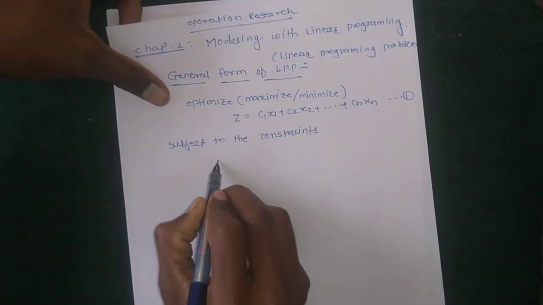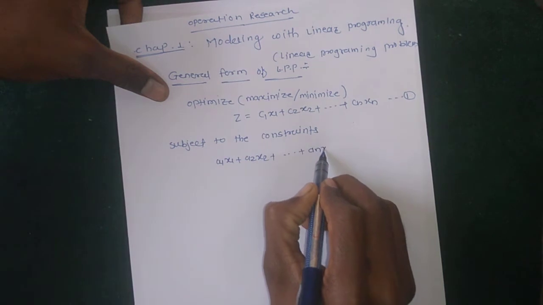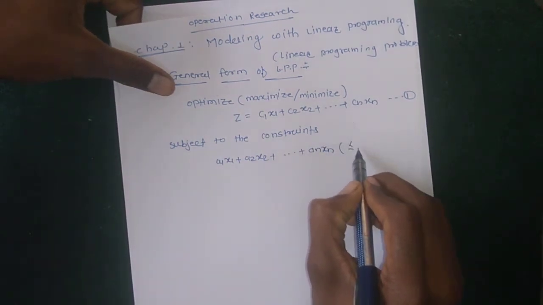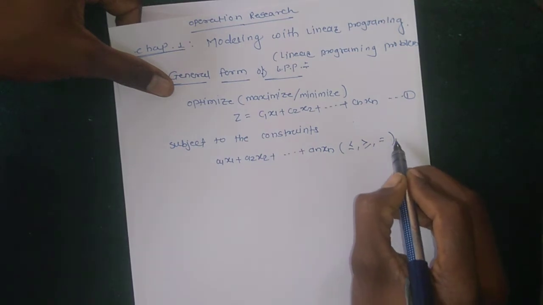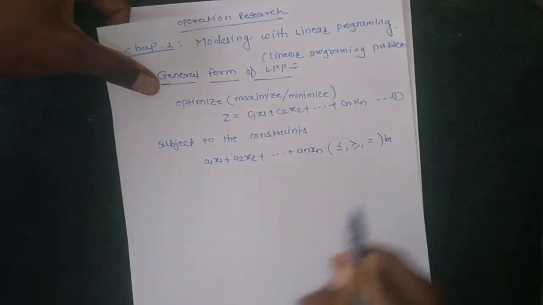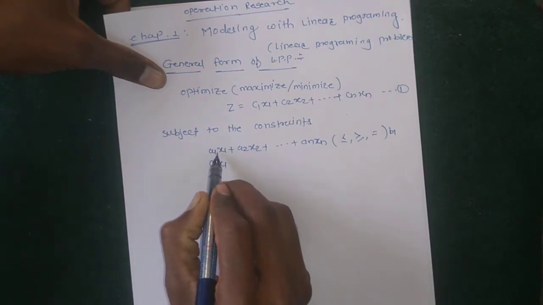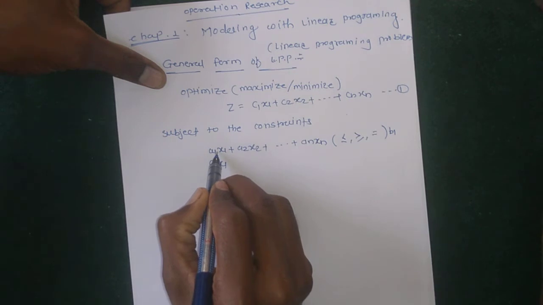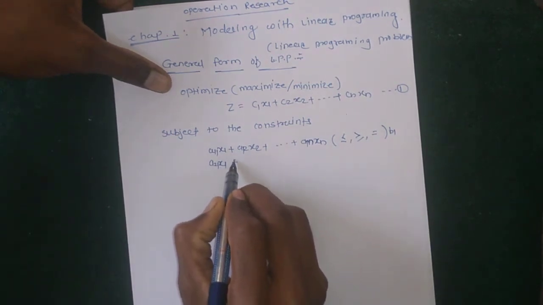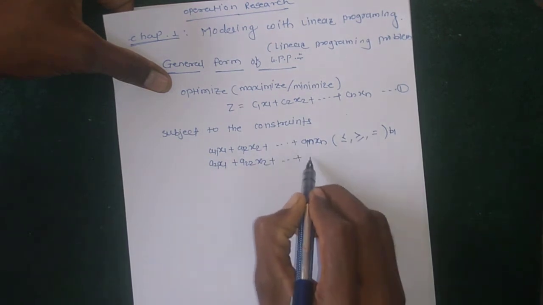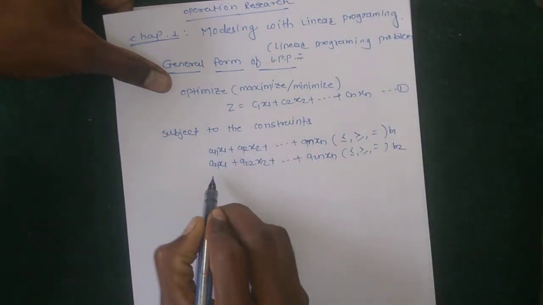Here the constraints are given as a11 x1 plus a12 x2 and so on up to a1n xn, which is less than or equal, greater than or equal, or equal to b1. Then a21 x1 plus a22 x2 plus so on a2n xn, again less equal, greater equal or equal to b2, and so on.